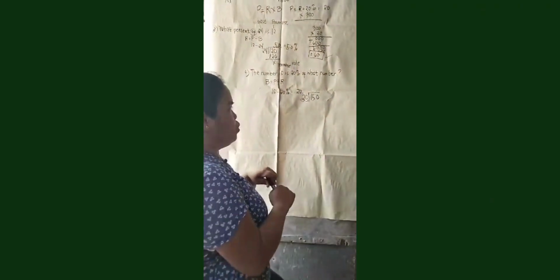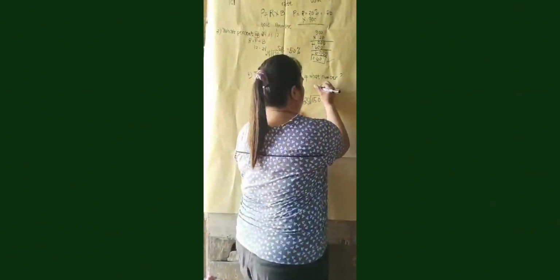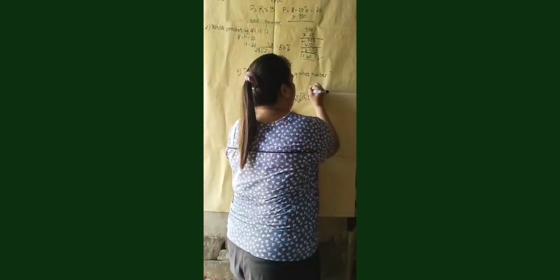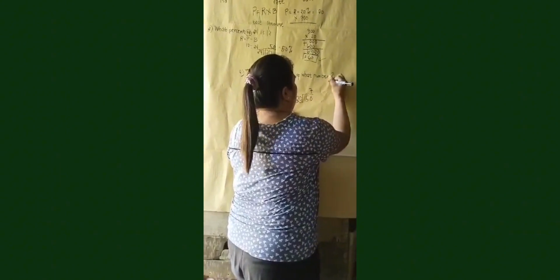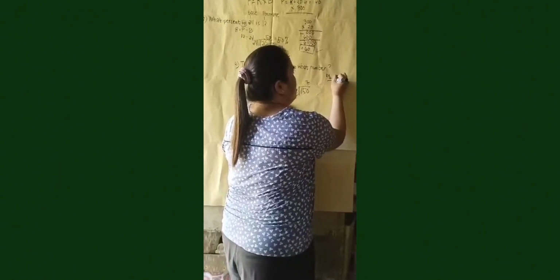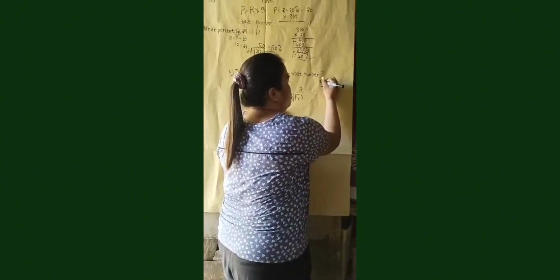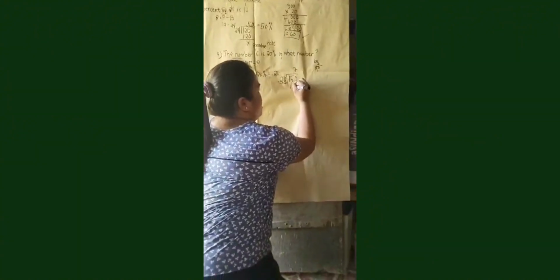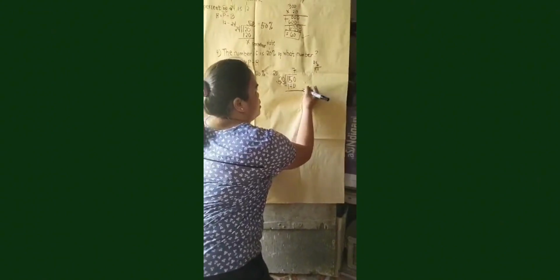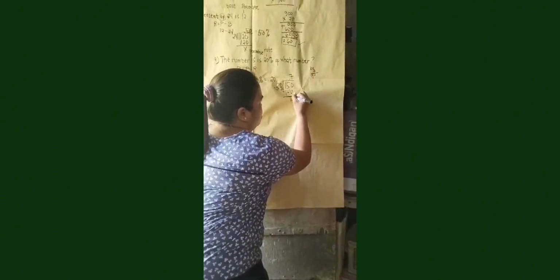So, 150 divided by 20 equals to 7. 0.7. So, 20 times 7 equals to 140. Then, minus, 10.